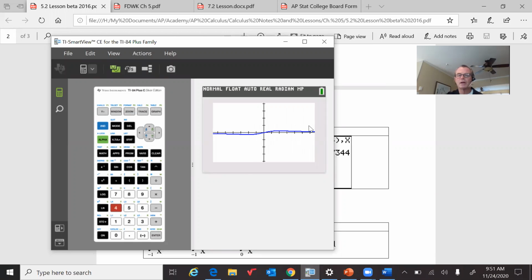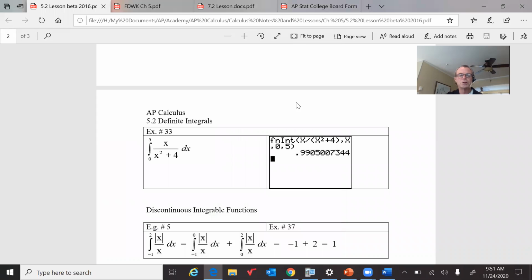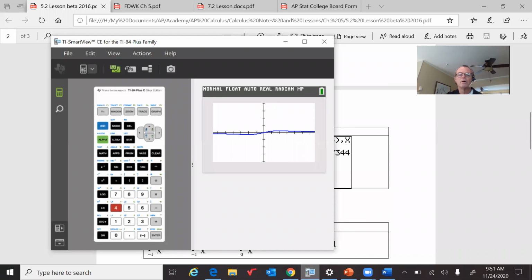You're looking at that area under the curve, ready, from 0 to 5. We're saying it's a little under 1, from 0 to 5. Okay.